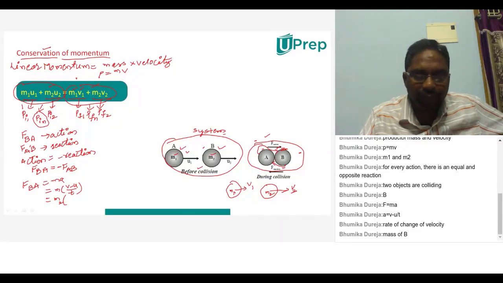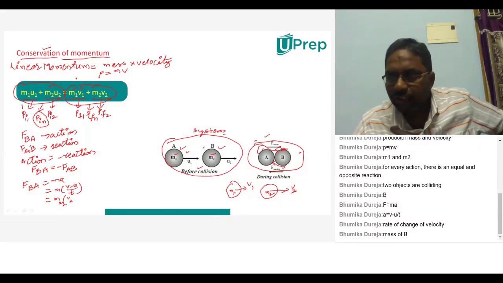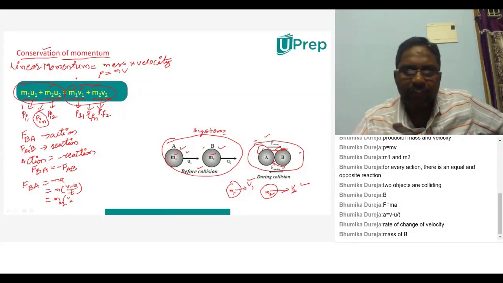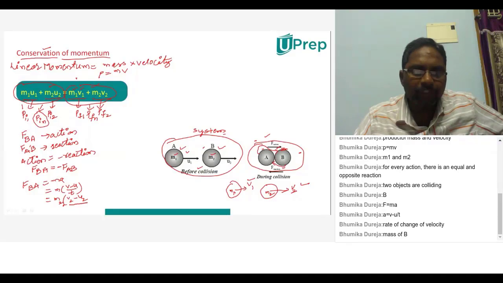And final velocity of the second object is v2. Here v2 is the final velocity, u2 is the initial velocity. So v2, the final velocity of the second object, minus initial velocity of the second object, u2, by t, in how much time it is occurring. In a time t it is occurring. So m2 into v2 minus u2 by t.